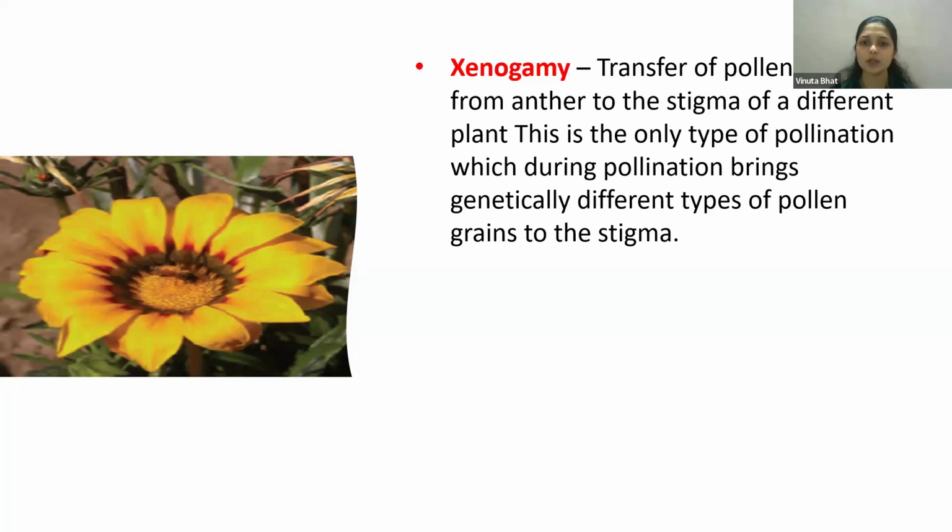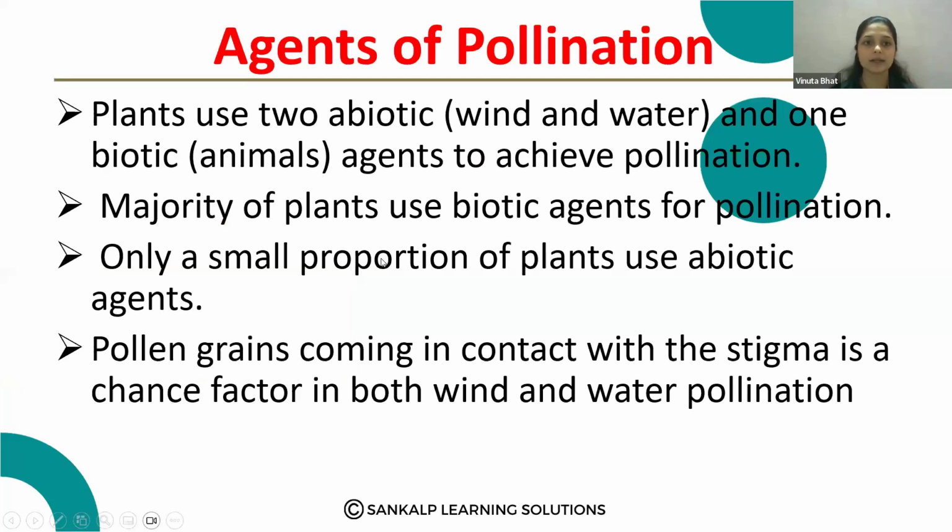For pollination, pollinating agents are required, right? Agents of pollination means agents to transfer the pollen grains. Plants use two types of agents, abiotic factors or biotic factors.